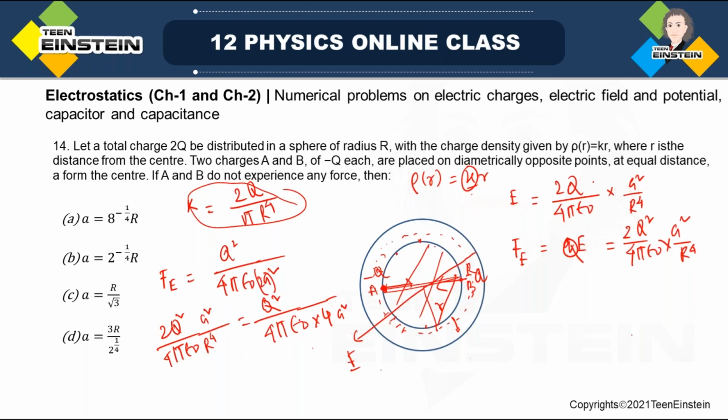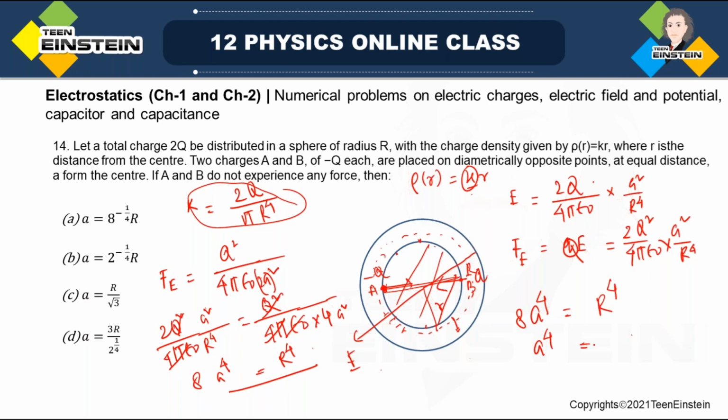If we solve this, the 4 pi epsilon naught goes off from both sides, q square goes off from both sides, and it will be a to the power 4 and 8 a to the power 4 is equal to r to the power 4.